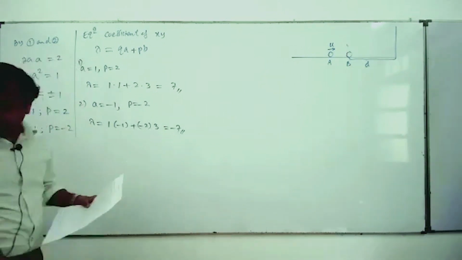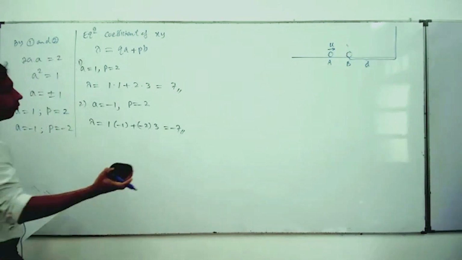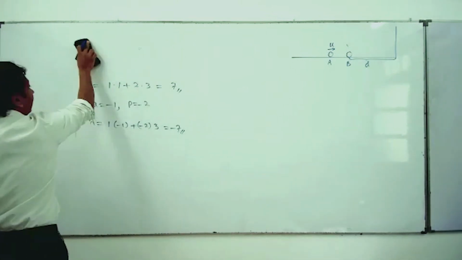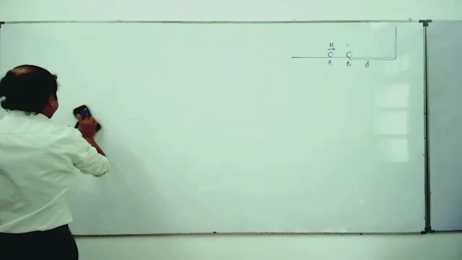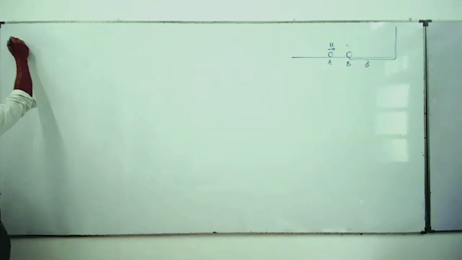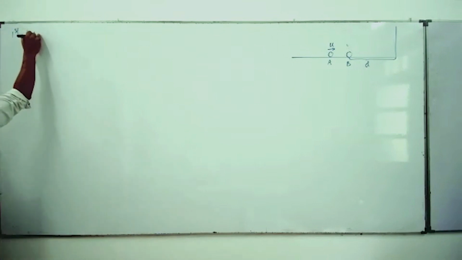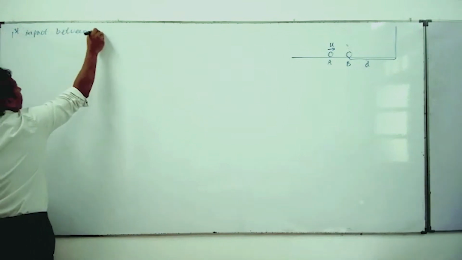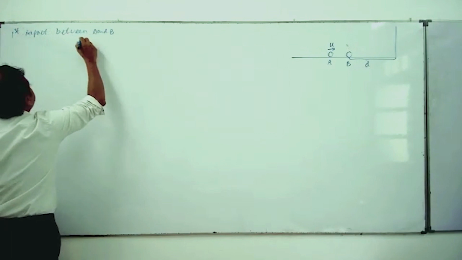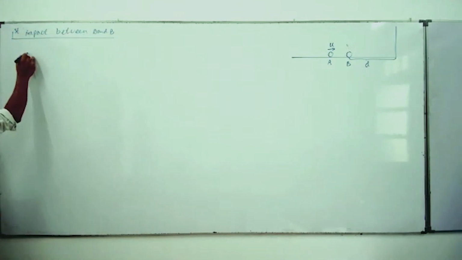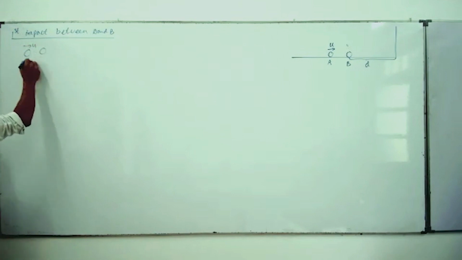So the first impact we can write is between A and B. I will take the velocity of A moving as U. Right. First impact between A and B. We can apply this: A moving with U, but B is at rest.